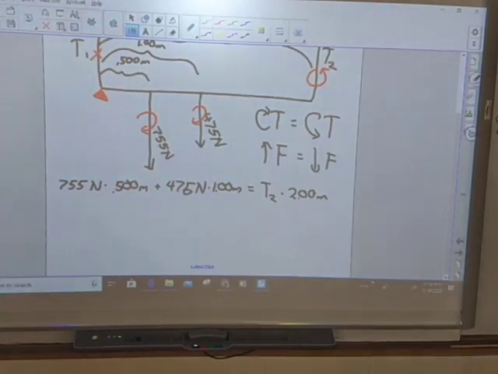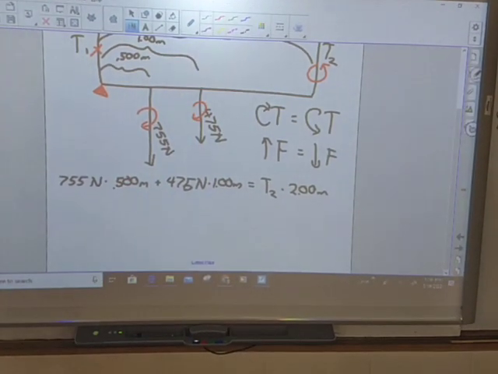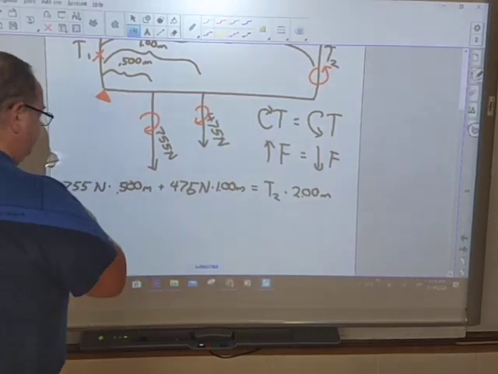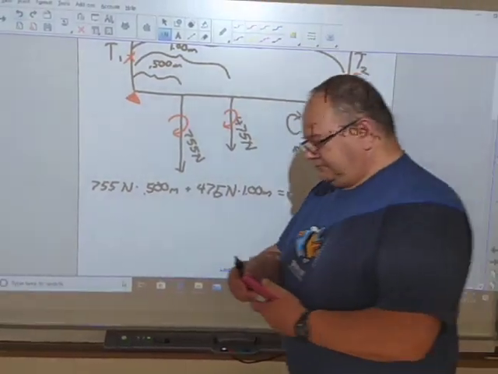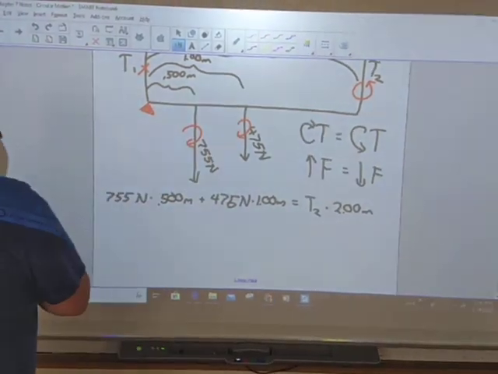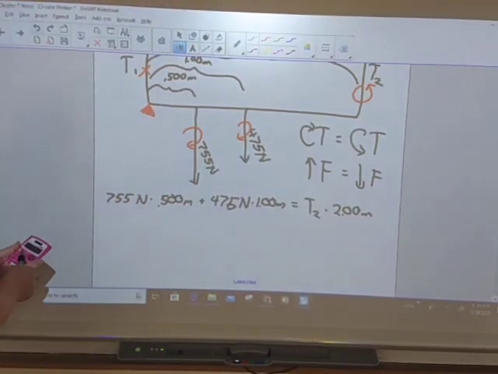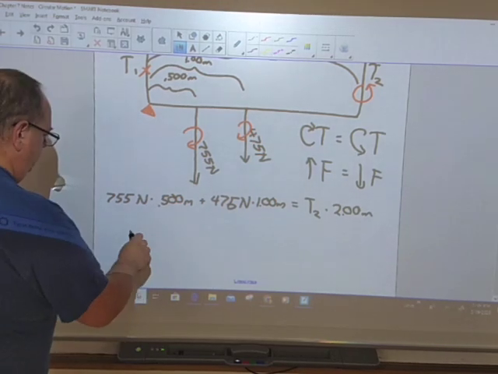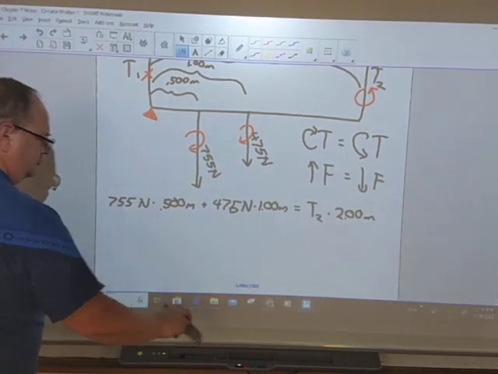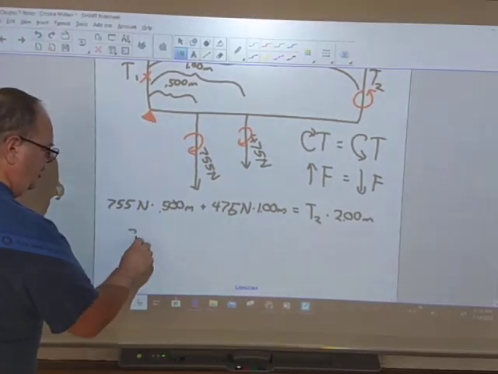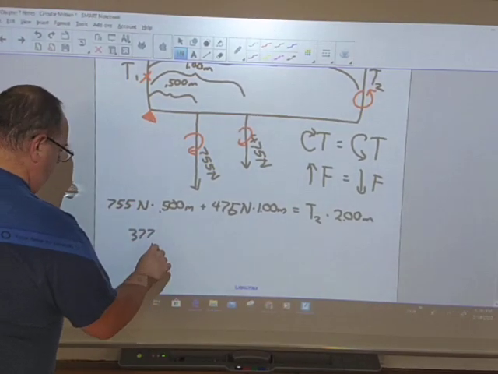Okay? Easier than the last one to solve. 755 times 0.5 is 377.5.